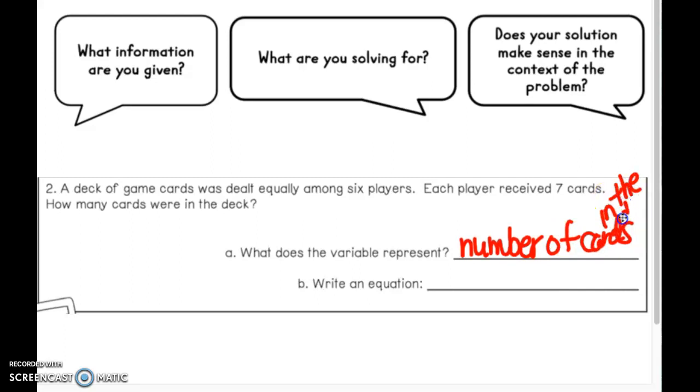If we have a deck of cards among 6 people, and every person receives 7 cards, we take one deck divided by the amount of people, that's going to equal 7. This will tell us how many in the deck.